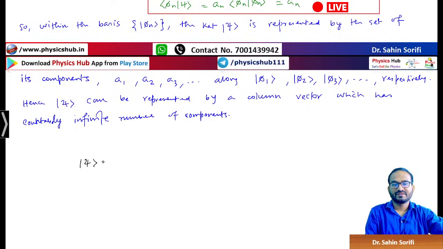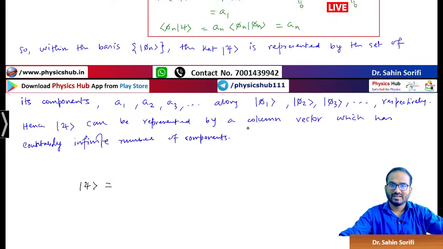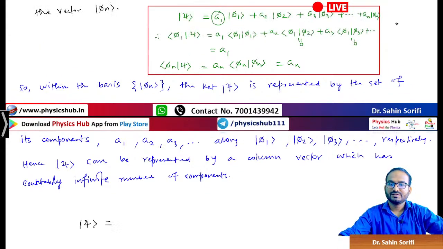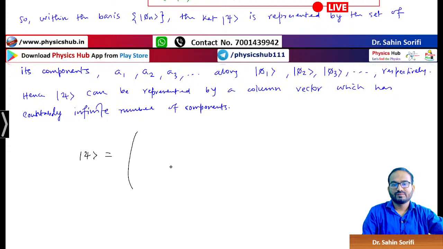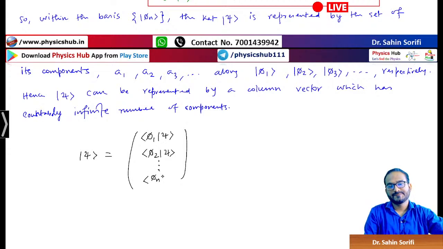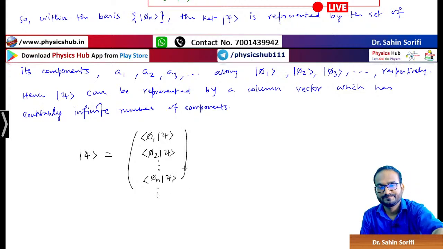Psi is a vector, or eigenket. So this is the equation, and this will be written in the form of a matrix. First is a1. How will you get a1? By taking the scalar product of phi 1 with psi. a2, phi 2 with psi. a3, a4, a5, a n, and it will go on like this.